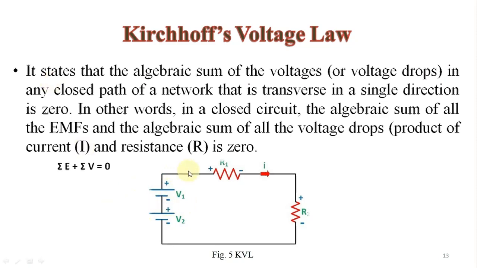When current flows from the positive to the negative side of a resistor, the potential drop is written as minus IR1, and the voltage drop across resistor R2 is minus IR2, and that is equal to 0. So the total equation is V1 plus V2 minus IR1 minus IR2 is equal to 0.